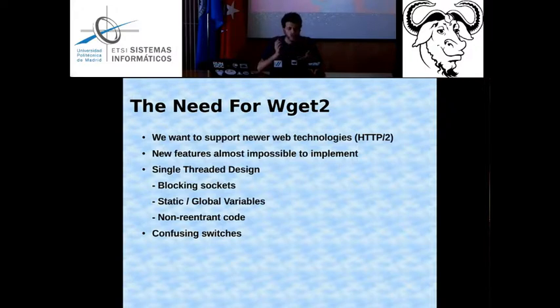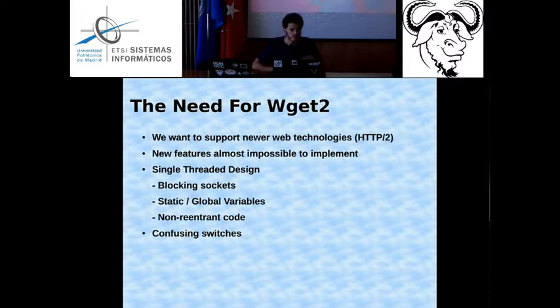We have new features that were almost impossible to implement due to the design decisions taken during WGET development. We have to keep in mind that WGET was developed in the 90s, so the design and the approach of the program was very different than the one we have now.